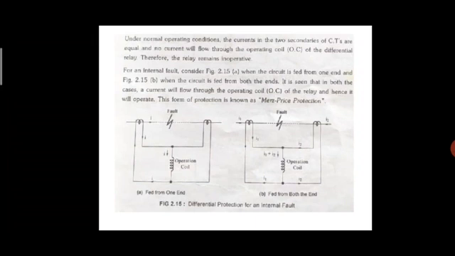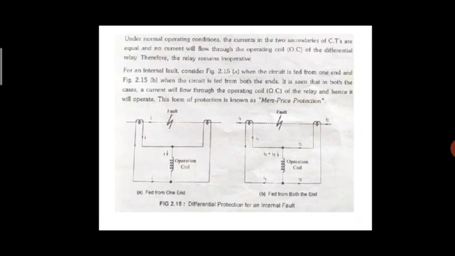For an internal fault, consider figure 2.15a when the circuit is fed from one end, and see figure 2.15b when the circuit is fed from both ends. It is seen that in both cases a current will flow through the operating coil OC of the relay and hence it will operate.